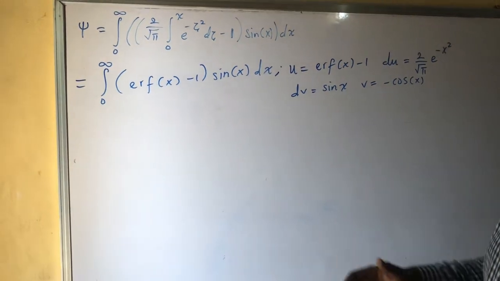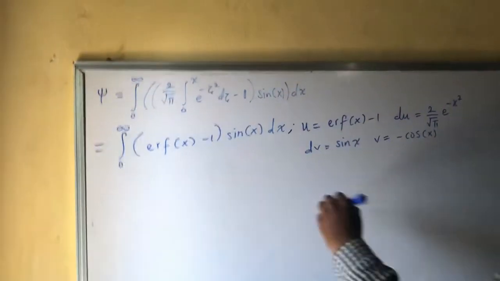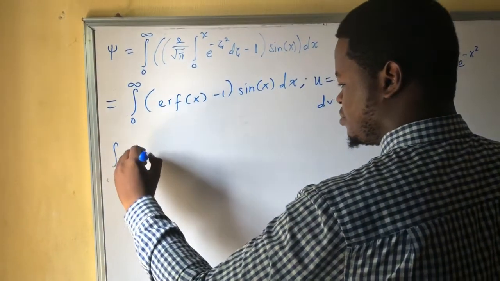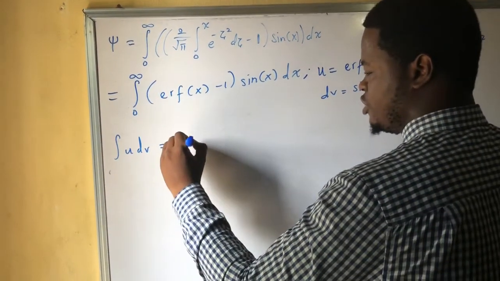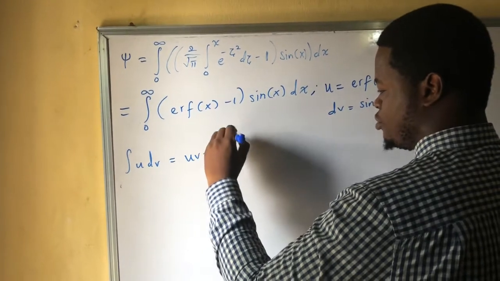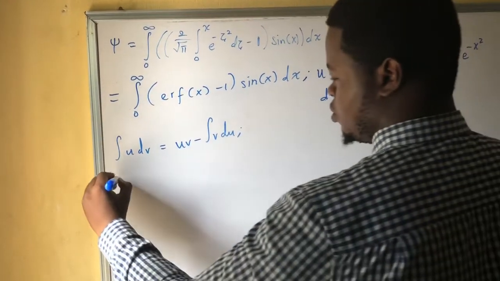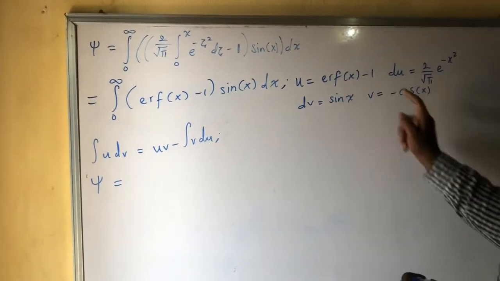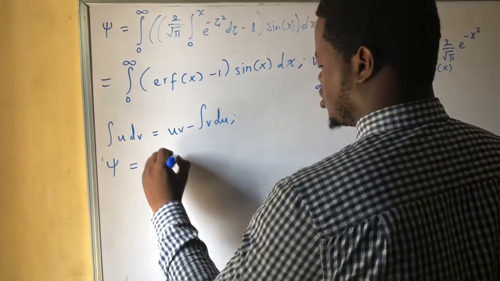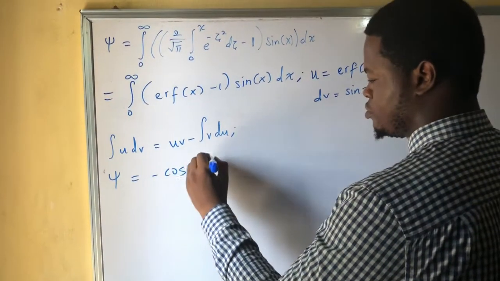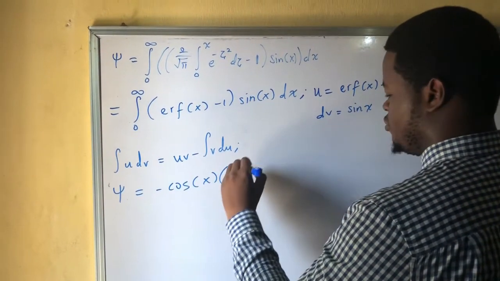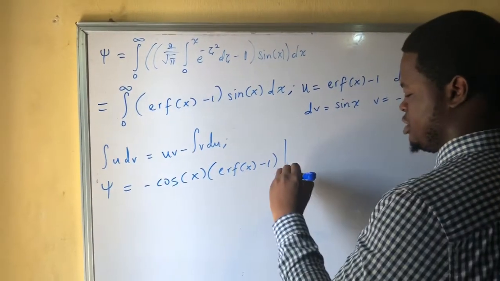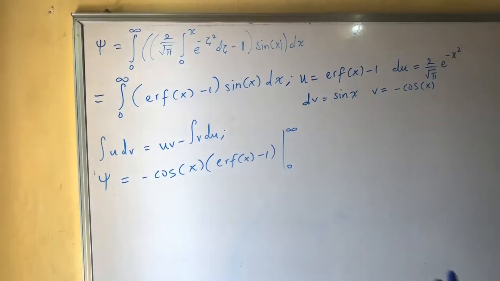So applying the integration by parts rule, which states integral u dv equals uv minus integral v du, we are going to get: this equals uv, which is minus cos x times the error function of x minus 1, all evaluated from 0 to infinity.